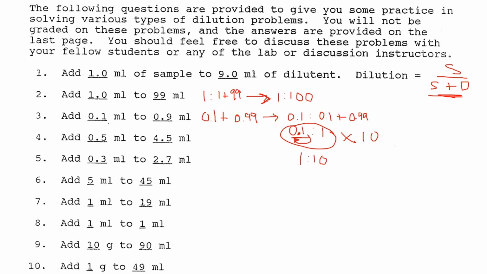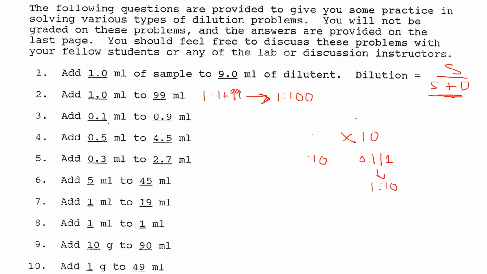Now your dilution is 1 to 10. You can look at this on a calculator too. If you put in 0.1 over 1, you're going to get the same number as if you put 1 over 10, because it's the same ratio.